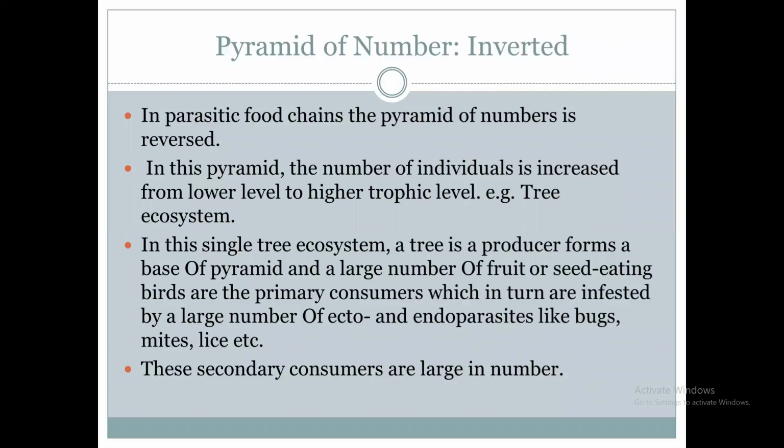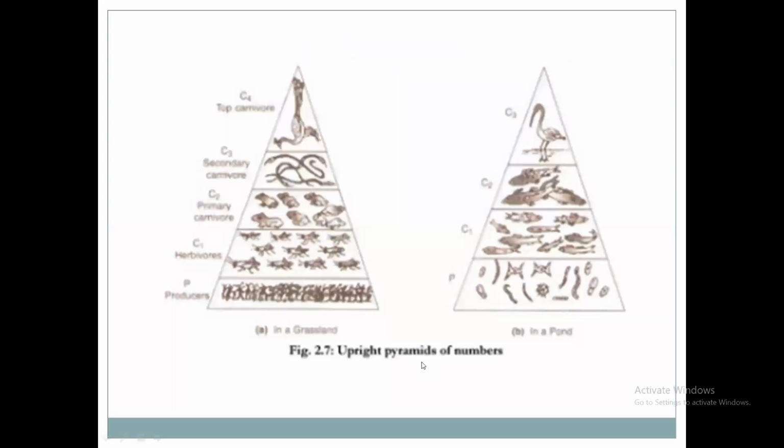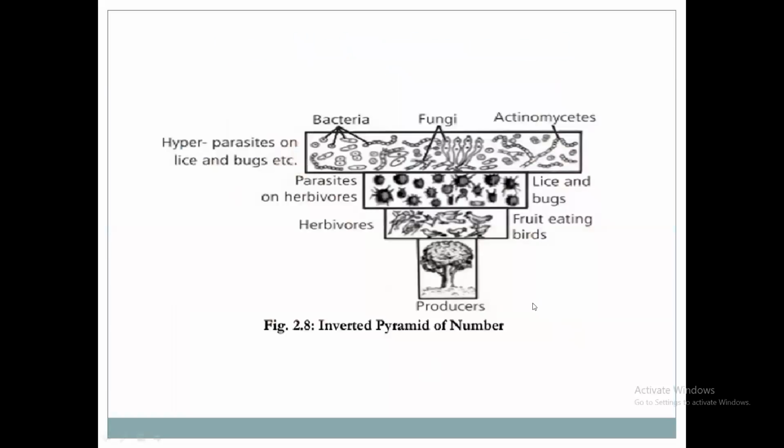Large number of fruits in the trees, apple tree or mango tree. As we go up, this number is increasing. Fruit-eating birds are the primary consumers, that are shown in this inverted pyramid of number.